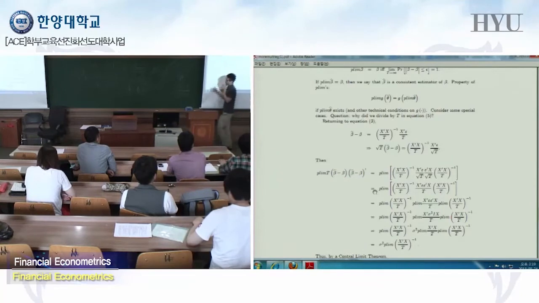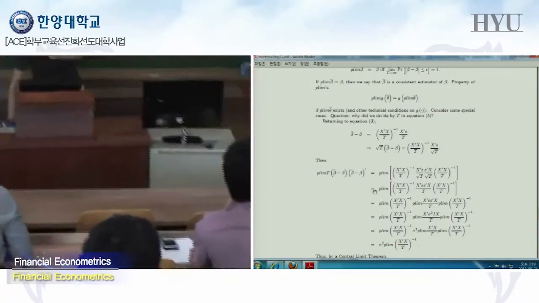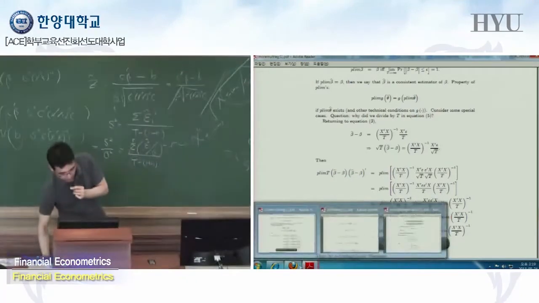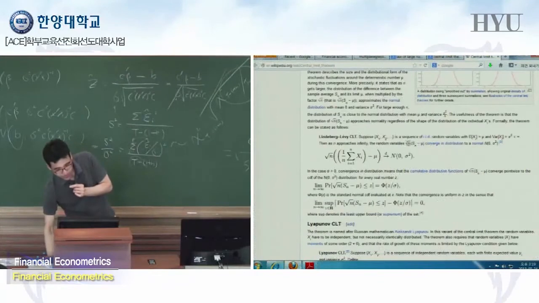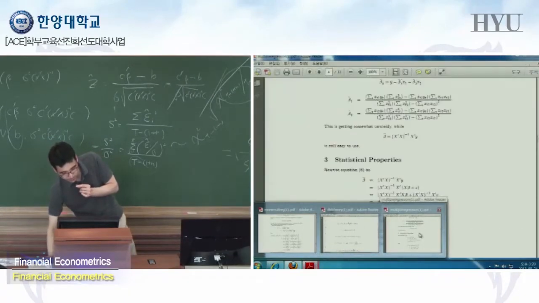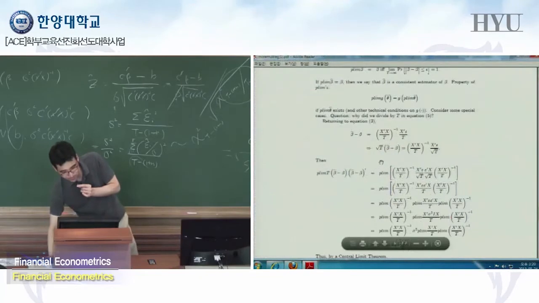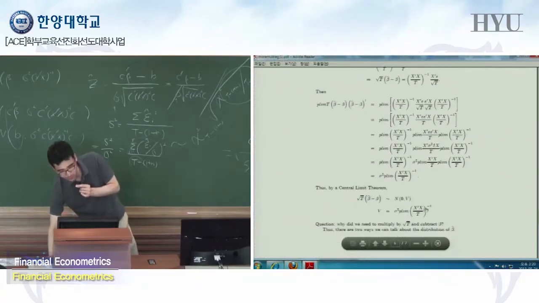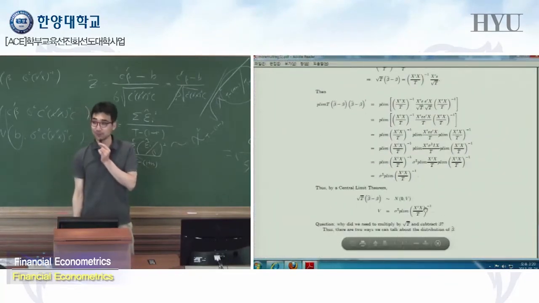Therefore, in the Wikipedia definition, root n times the sample average minus mu converges to a normal with variance sigma square, and we know sigma square, so this one converges to this one.